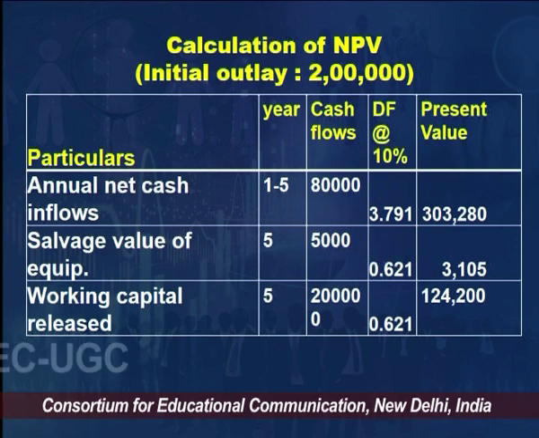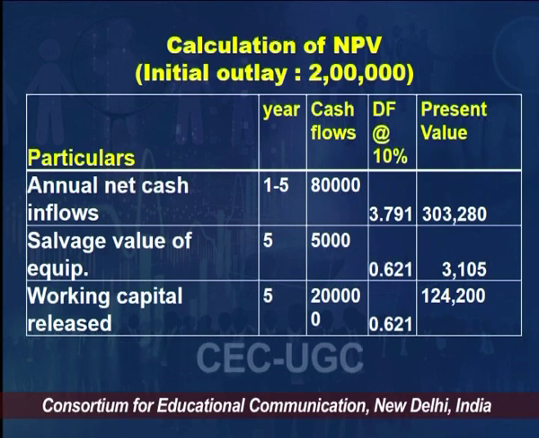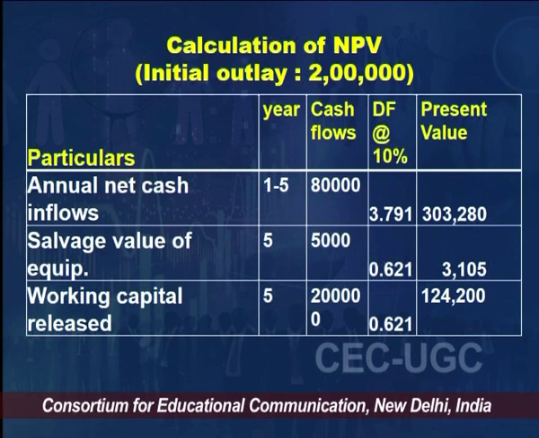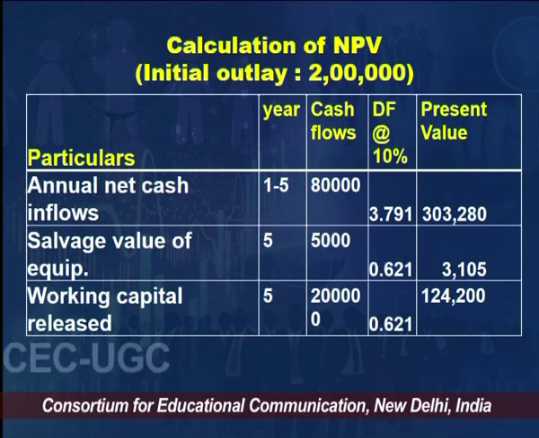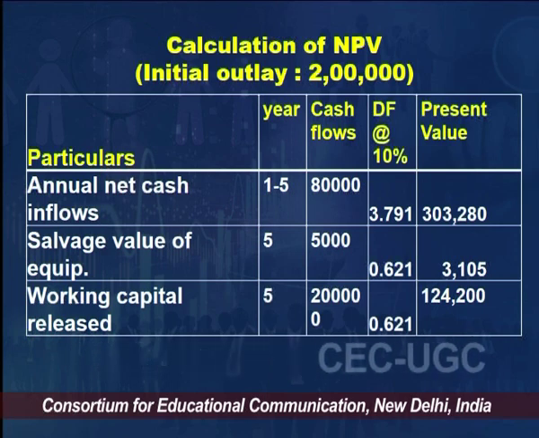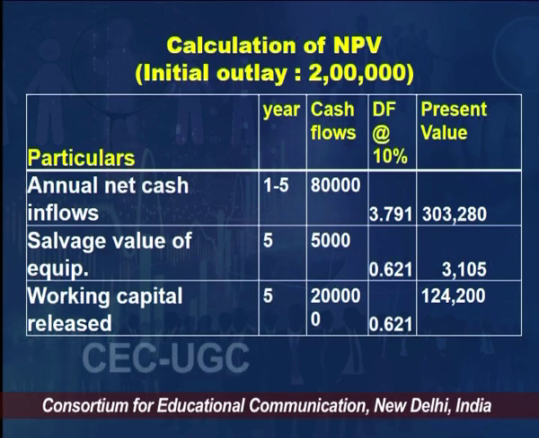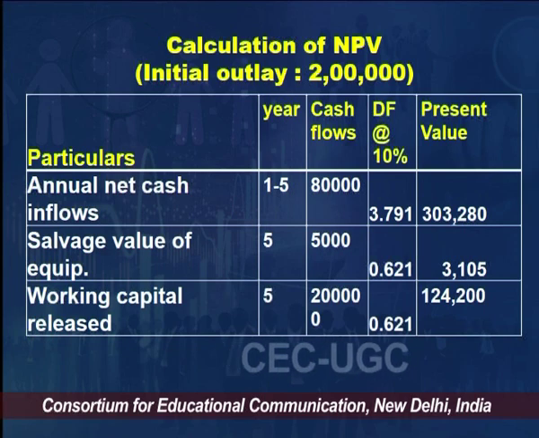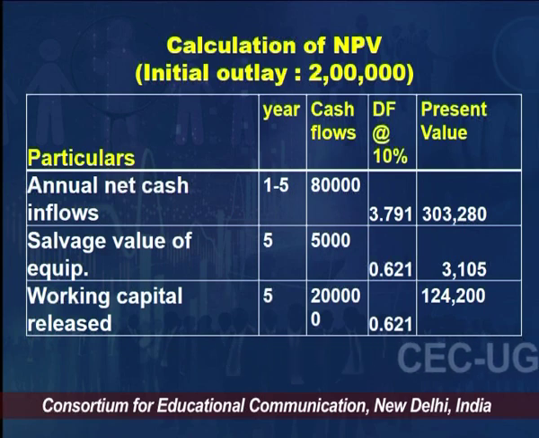So, this is how we calculated this 80,000, but 80,000 is not received only today. It will be received for 5 years in future. So, for 5 years, if we are getting the same amount with the same time interval, it becomes an annuity. To discount this 80,000, we will be referring to the annuity table, right. So, the discount factor given in the table, 3.791, where does it come from?